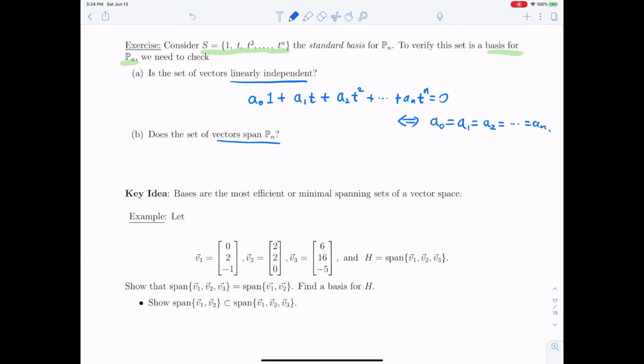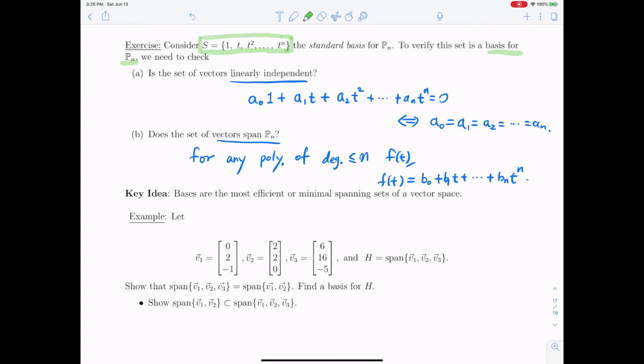And also, for any polynomial of degree less than or equal to n, we can write f of t as, say, b sub 0 plus b1 t plus so on until b sub n t to the n. So from here, we can tell that the given set S indeed spans Pn. So S forms a basis for Pn, and we call this the standard basis for Pn.